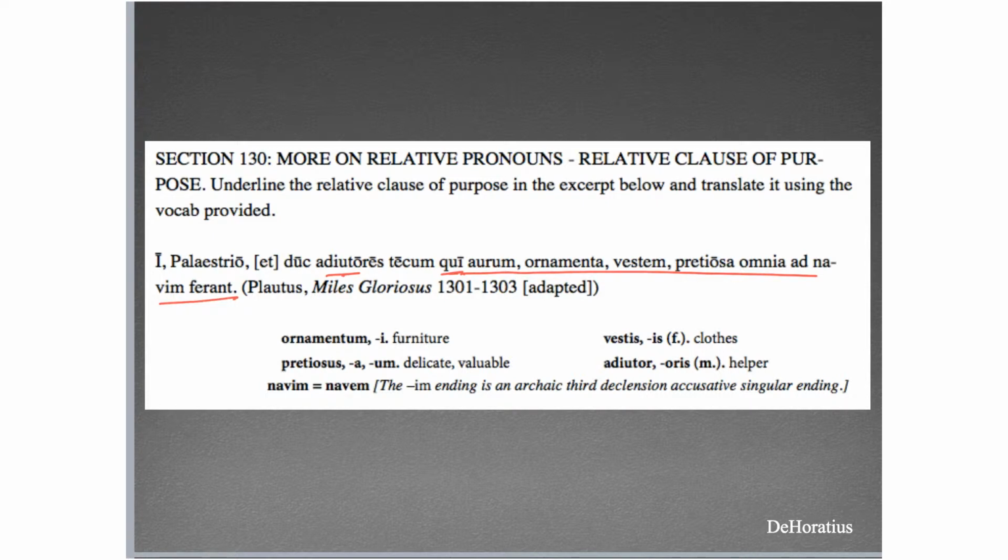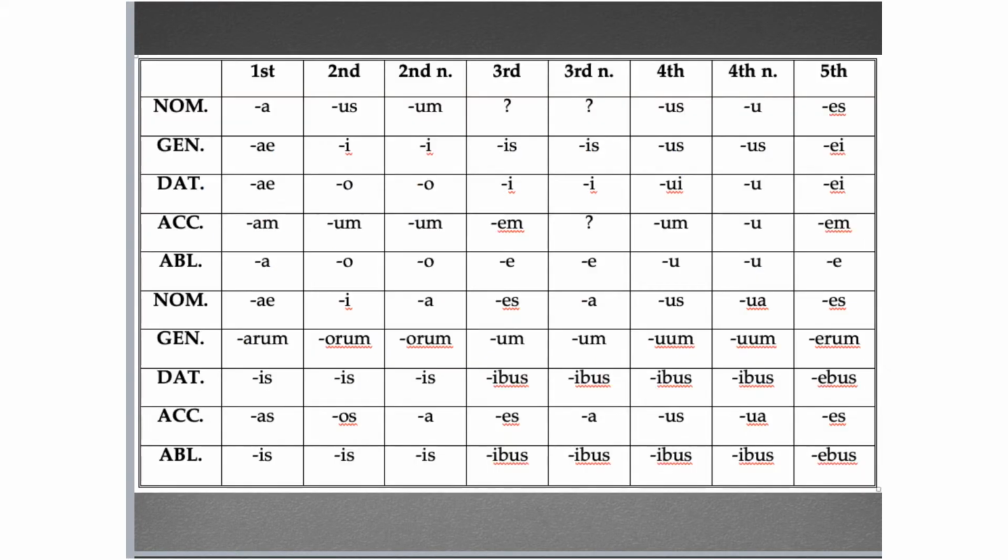And again, you can either go the more relative route, so go Palaestrio, and take with you the helpers to do all that, or who will do all that. All right, and so there's your relative clause of purpose.